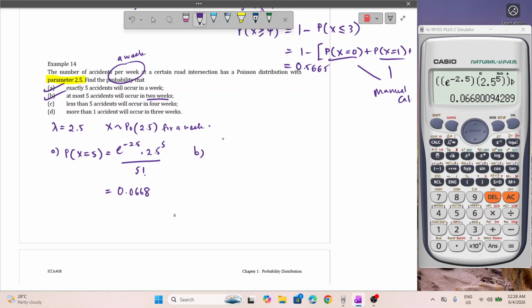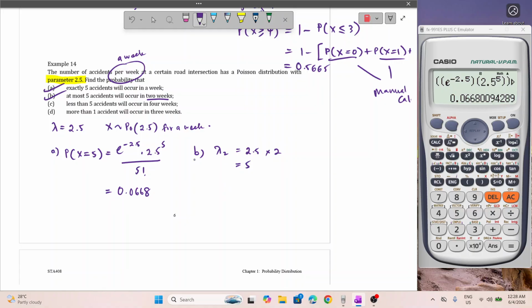If 1 week is 2.5 accidents, then for 2 weeks, the new lambda is 2.5 times 2 weeks. So the new lambda is 5.